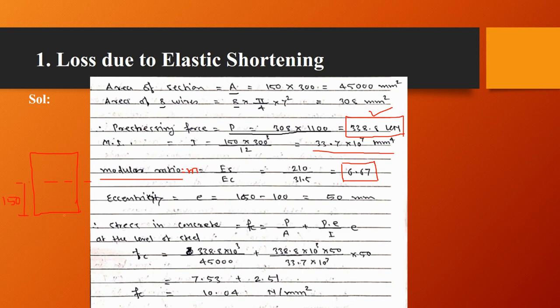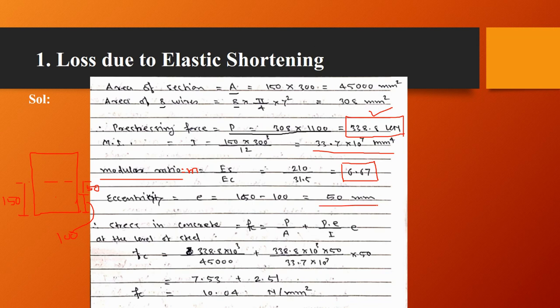And the tendon is located at a distance equal to 100 mm from the soffit. So this distance is 100. So the eccentricity will be equal to 150 minus 100, that comes to 50. So this eccentricity is 150 minus 100 equals 50 mm.